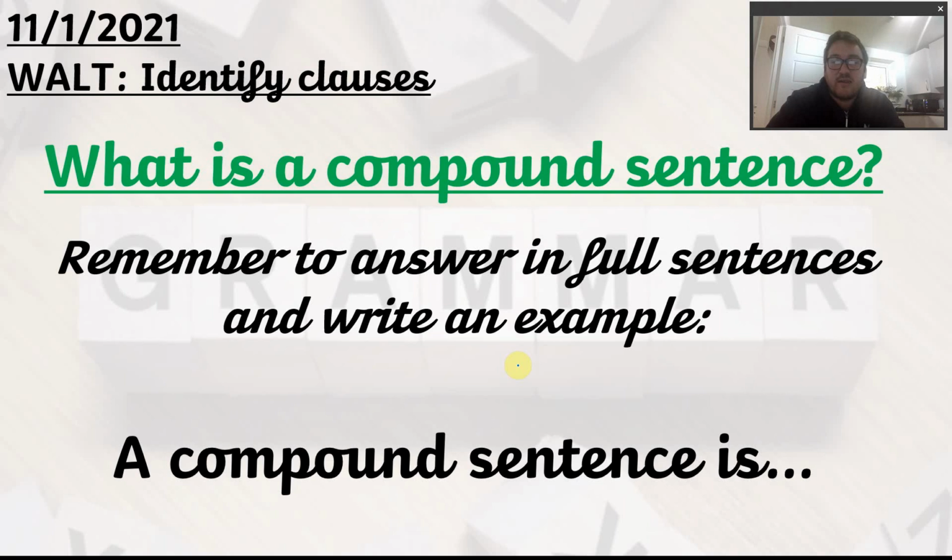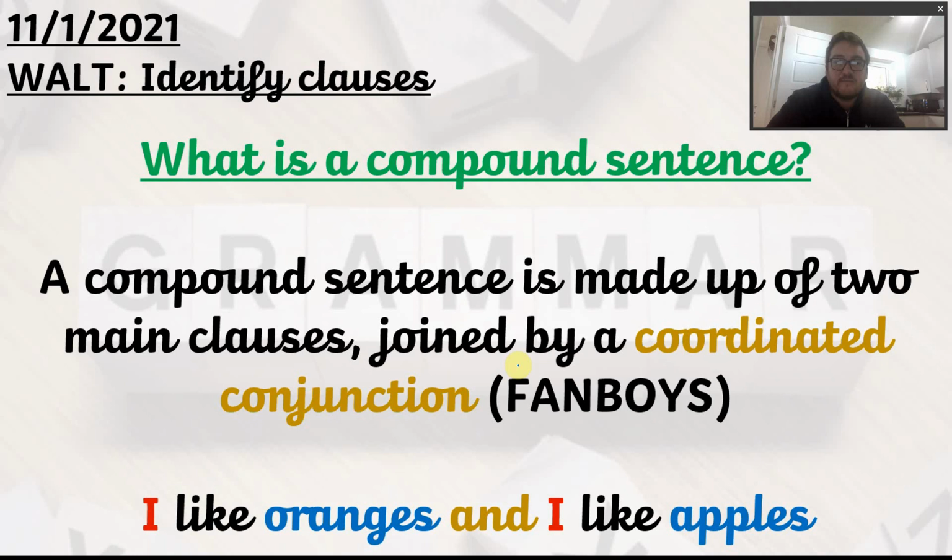Okay, so now that you've had a go, let's have a look at the answer. So a compound sentence is made up of two main clauses joined by a coordinating conjunction. So these are known as fanboys. I believe Miss Metters and myself have these down the side of our screen, or we used to have these down the side of a screen.